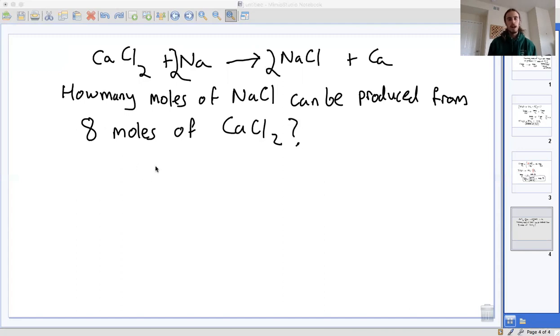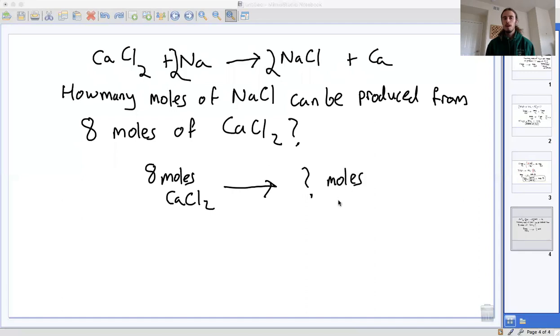So we're starting off with 8 moles of CaCl2, and we want to know how many moles of NaCl that's going to make. Okay.